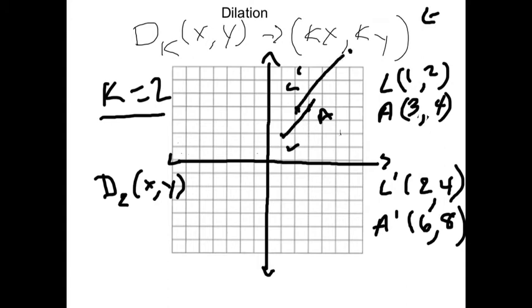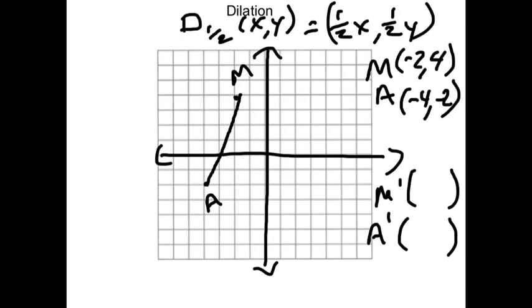And so my line segment is going to be twice as long as the original LA. So LA and L prime A prime are going to be similar to each other, and the ratio of L prime A prime to LA is going to be 2 to 1.